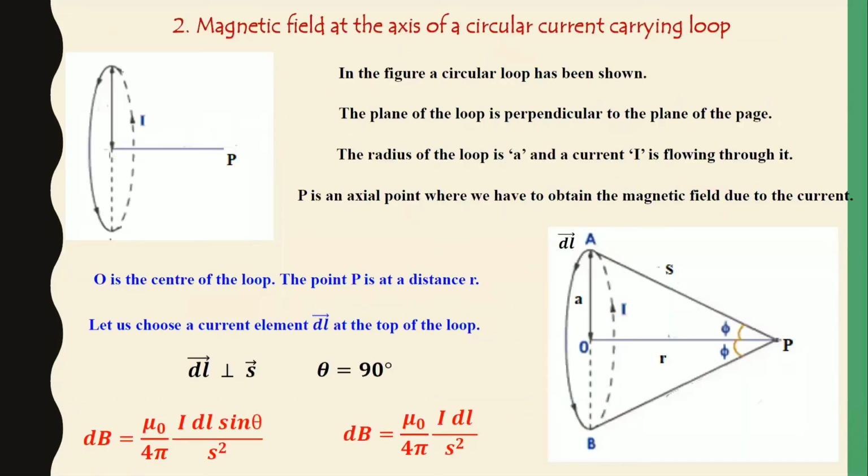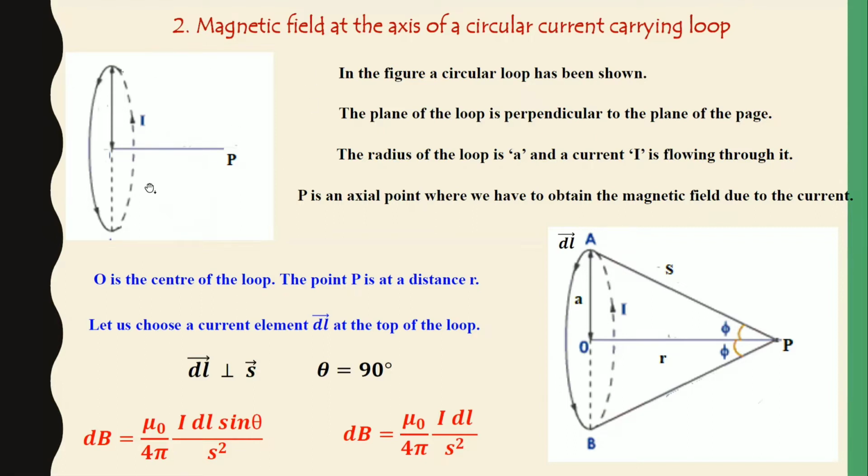Next, let us consider again a circular current carrying loop and obtain the magnetic field at an axial point of the circular loop. Look here in this figure, a circular loop is shown, and the arrowhead shows the direction of the current flow. The plane of the loop is perpendicular to the plane of the page or the plane of the screen.